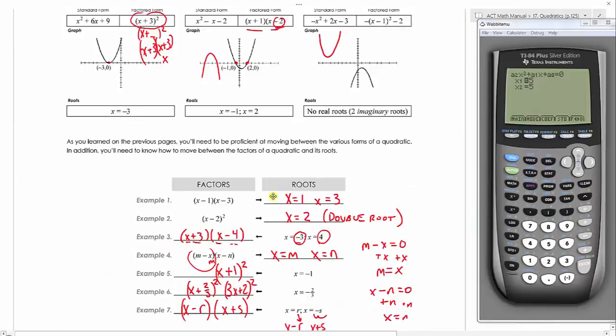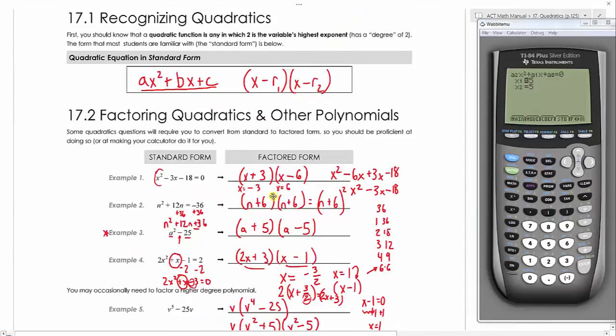So just to recap here, remember we said that we need to be proficient with going from standard form to factored form. Actually, we need to, first of all, know how to recognize when we're dealing with a quadratic. And by the way, I probably should have said this from the very beginning.